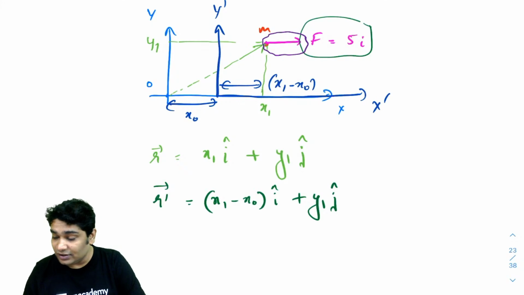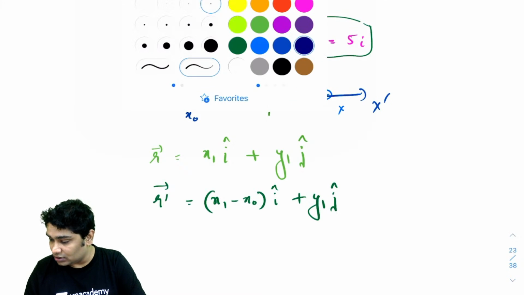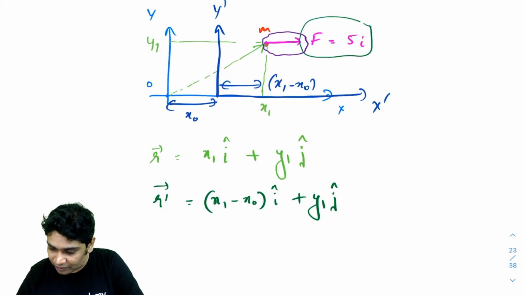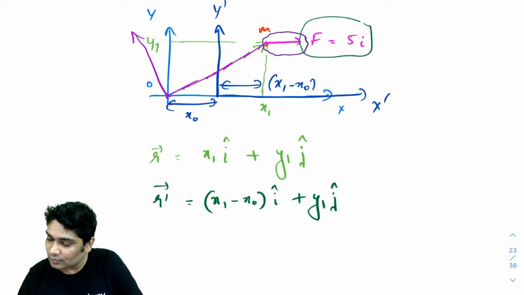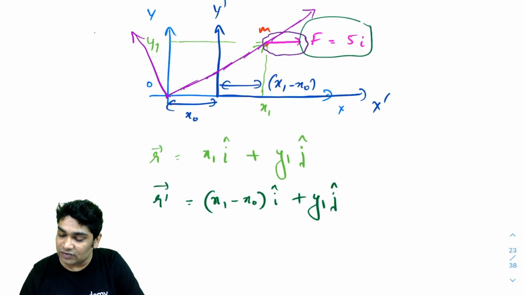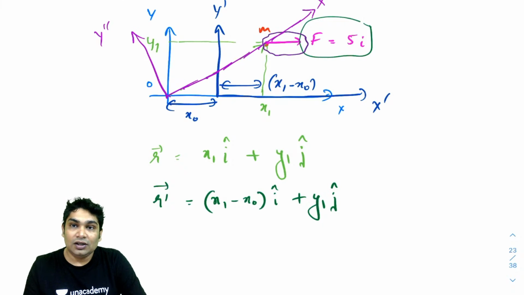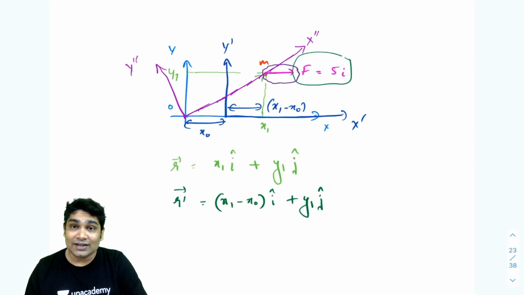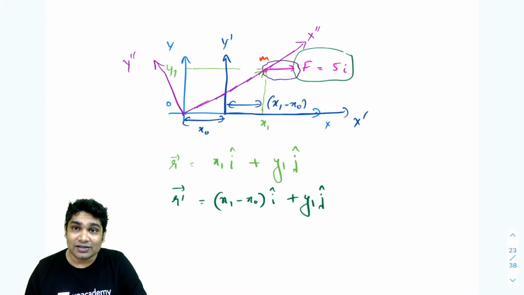Imagine that instead of this, you now rotated your reference frame. Choose some other color for a rotated reference frame. So let's say you made it like this. This is y double dash and this is x double dash. Now you will realize that the position vector would have again changed.